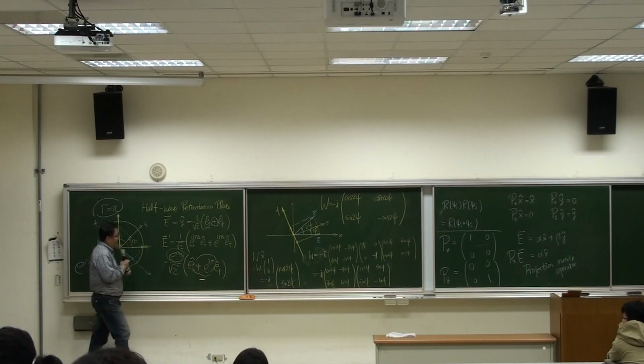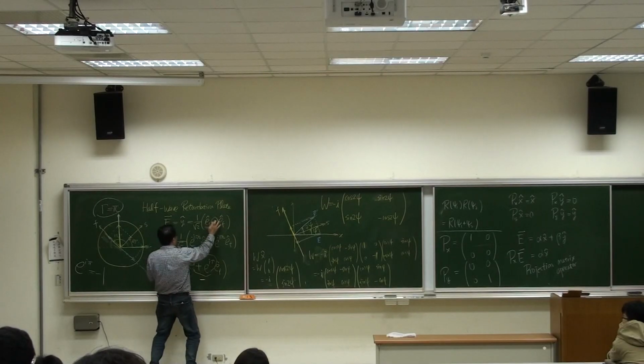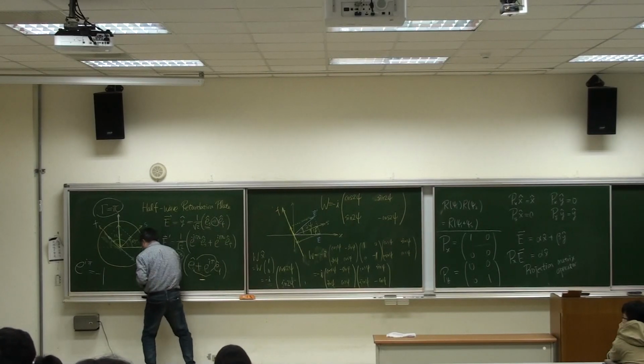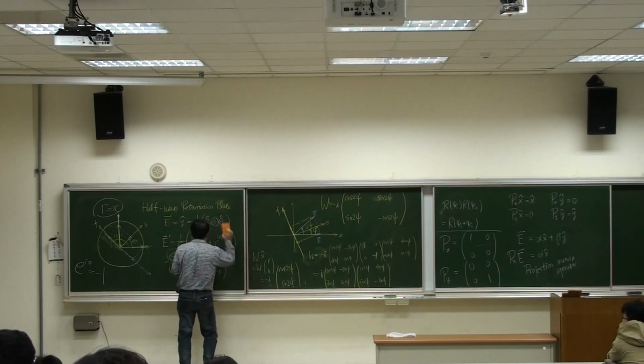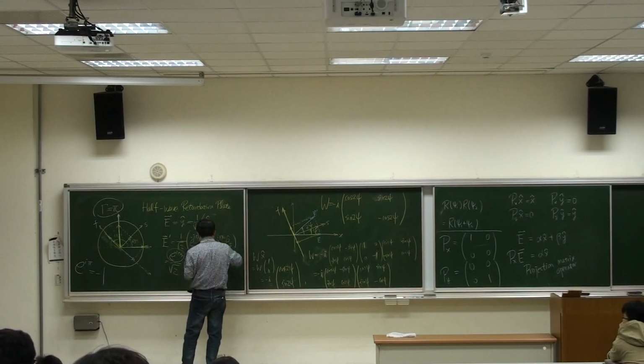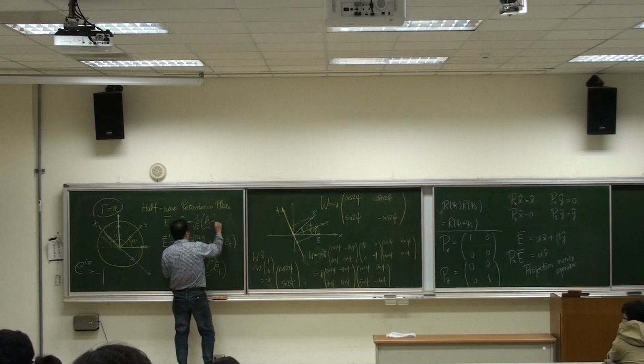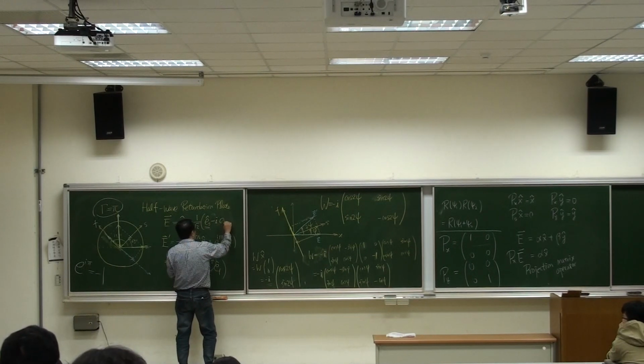Circularly polarized light means that we have this. For example, right-hand circularly polarized light, ES minus i EF.